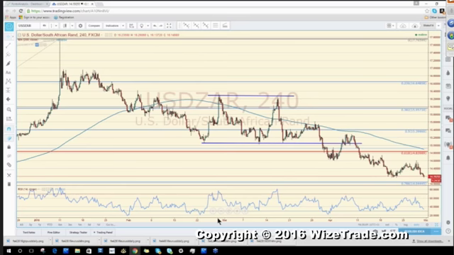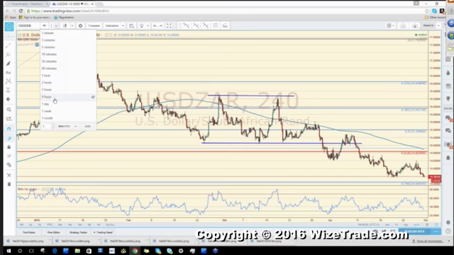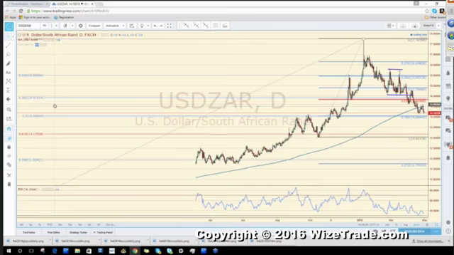I'm still sitting in that small size, and I haven't decided to add to it yet, but I thought I'd spread a little bit by selling some emerging market currencies should the market get a little bit dicey here. I'll talk about the market just in general for a moment before we go into our majors. But this U.S. dollar South African rand is like a lot of these other emerging market currencies.